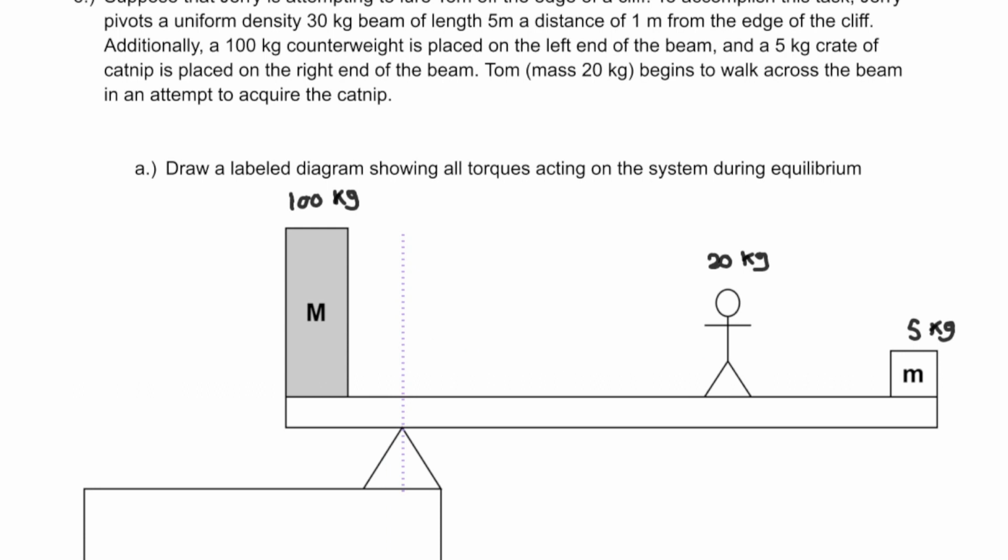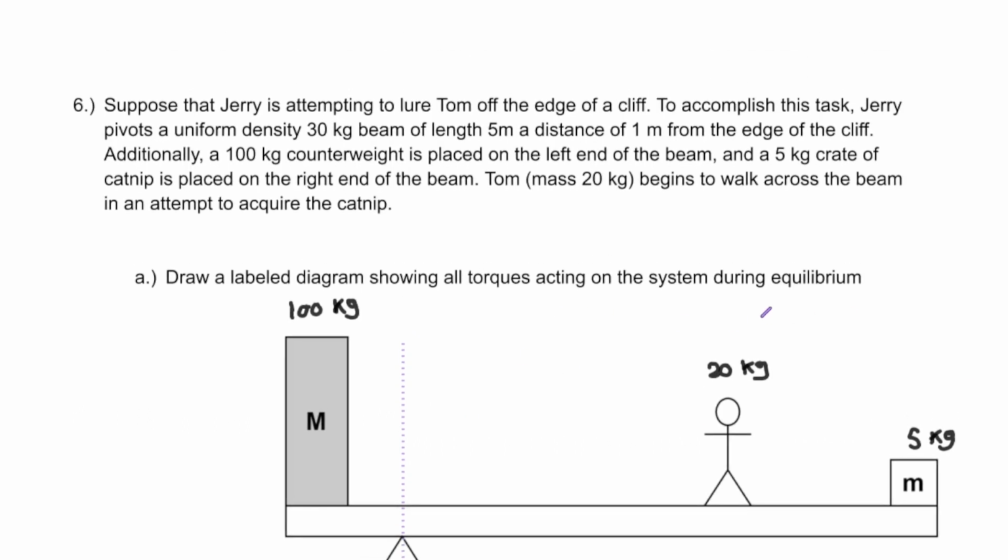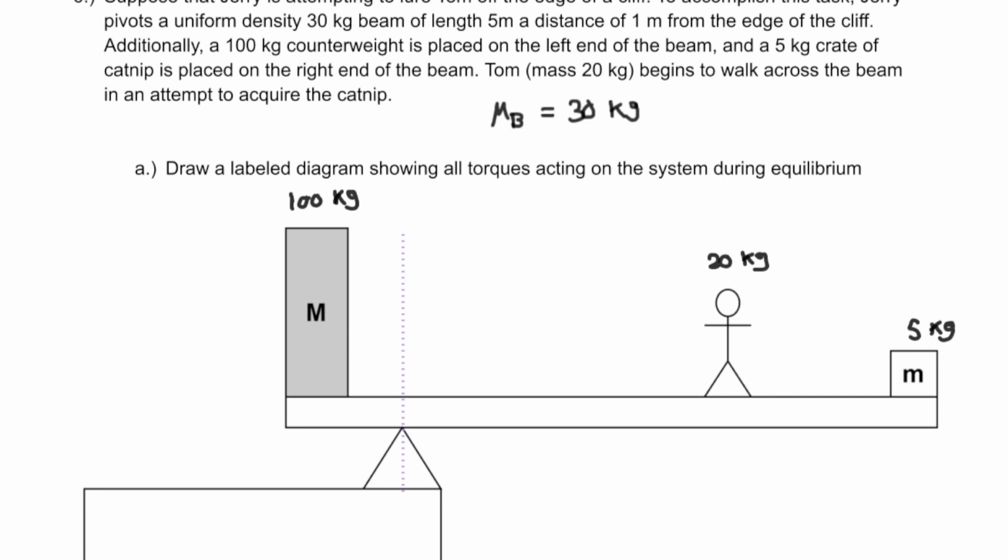So maybe we can put some distances in for everybody as well, once we get the forces. Also, the beam has mass. So the beam is 30 kilograms. And that definitely will come into play for this. So, starting out, we can draw ourselves all the forces. And if we do our torques about the pivot, this means that all our forces we have to consider are just weights. So we have a huge weight force coming from the counterweight.